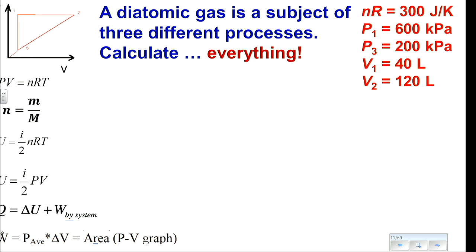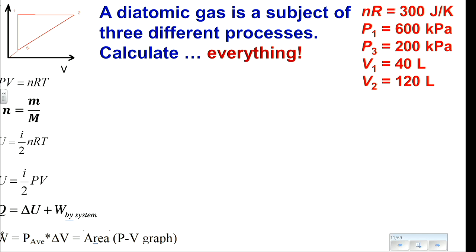Well, what else can we calculate? Lots of things. First of all, we have more processes, plus for each process, in addition to work, we know that temperature might change, energy might change, so a system might absorb or release some amount of heat.